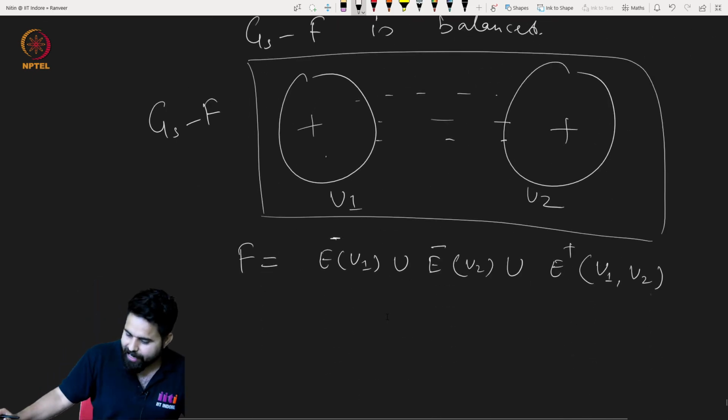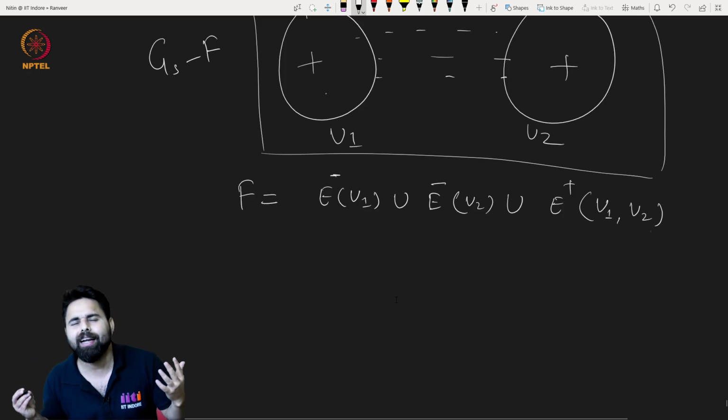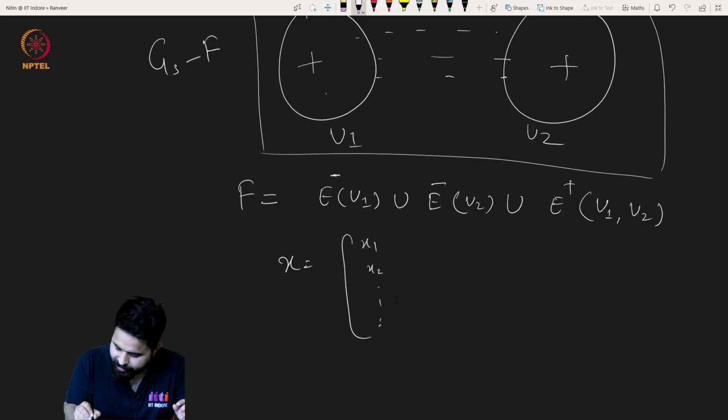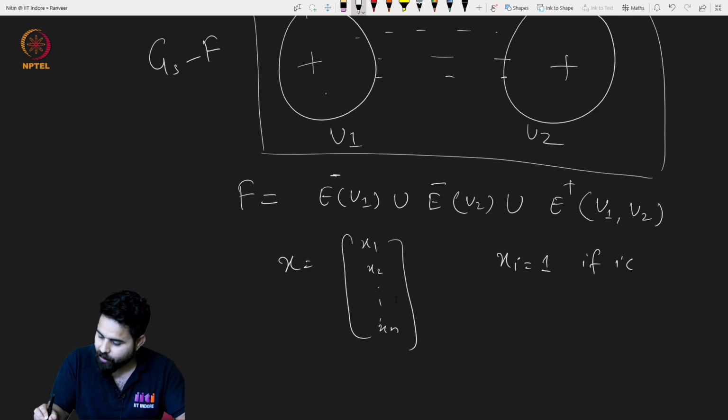Let us proceed and cook one vector. Suppose x is some vector of size n, where n is the number of vertices in our graph, such that x_i equals 1 if i belongs to V1, otherwise x_i is equal to -1.